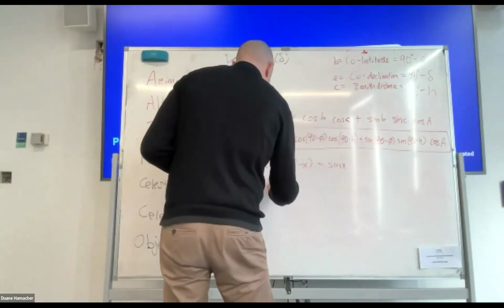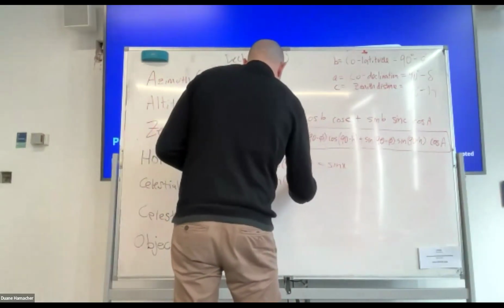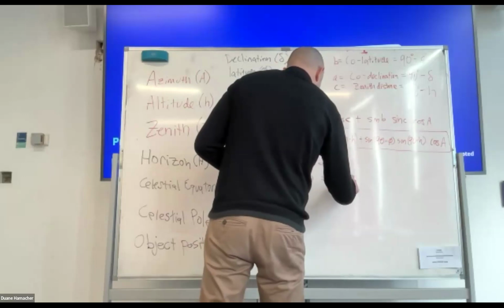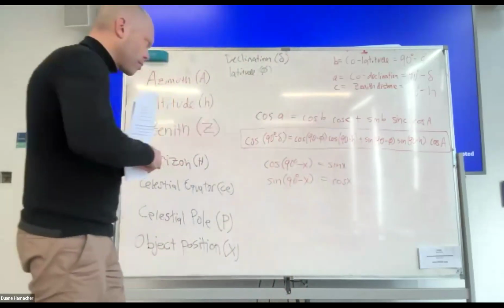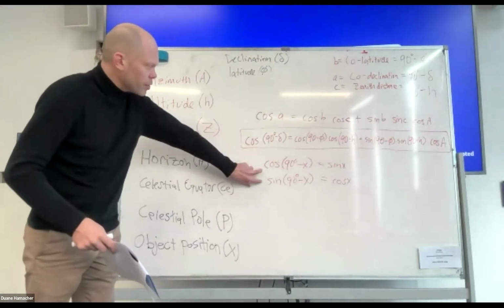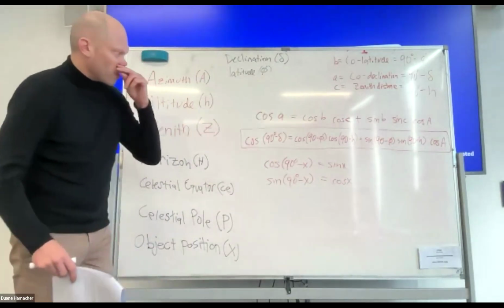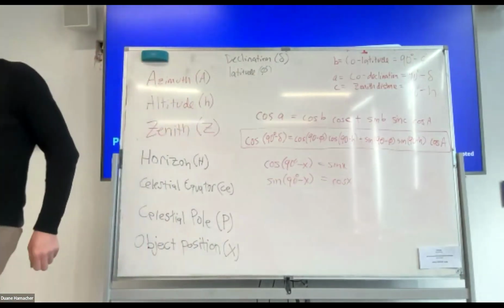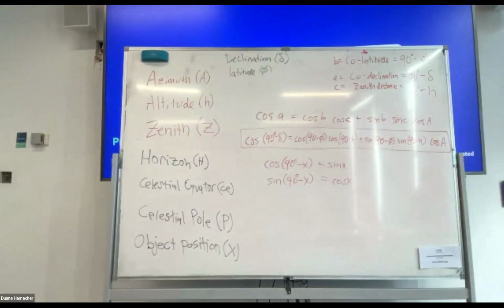And we know that sine of 90 minus x is equal to cosine x. These are just trigonometric properties. So using these two relationships, you can help reduce some of that stuff down. Use these to plug in there to simplify your equation. It's always about simplifying it, right?